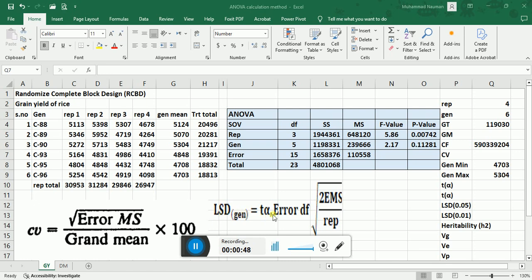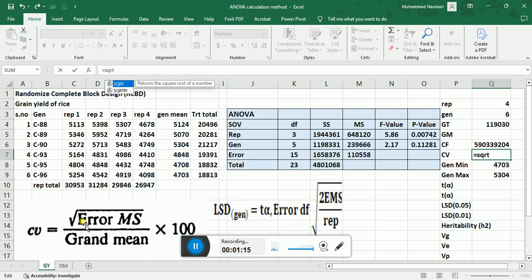Now first we will calculate the grand mean in order to calculate the coefficient of variation. Type is equal to, first select the cell where you want the answer. Type answer is equal to, type square root sqrt, double click on square root.